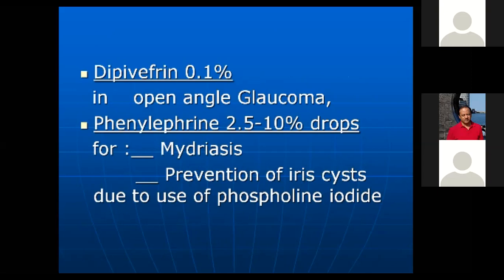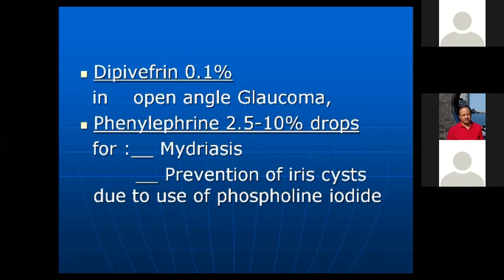This phenylephrine is used either to dilate the pupil, that is mydriasis, or to prevent the formation of iris cysts in those patients who are using phospholine iodide. You know, the important side effect of phospholine iodide is to create iris cysts. And in order to prevent the formation of iris cysts, we use phenylephrine drops.